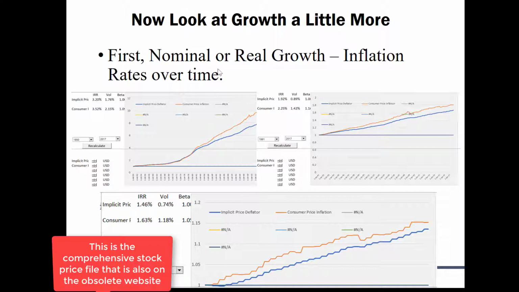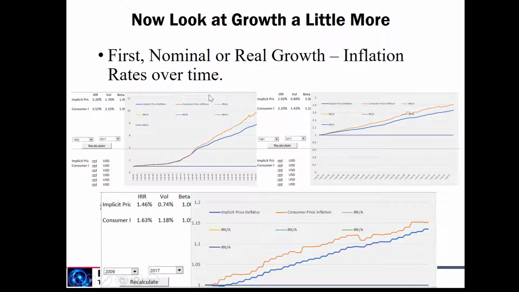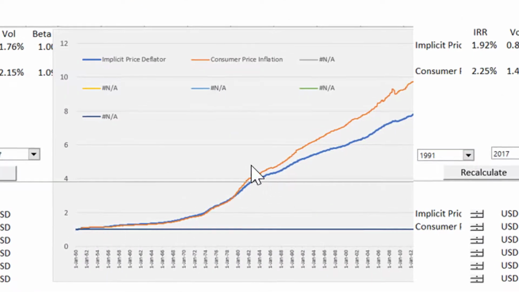Here's just inflation. When we have growth in our nominal cases, we are including inflation. Here's inflation kind of in the 1970s. This starts with the 50s, and you can see that there's a difference in the two U.S. ones. This is CPI, GDP inflation, and then I start later on here.